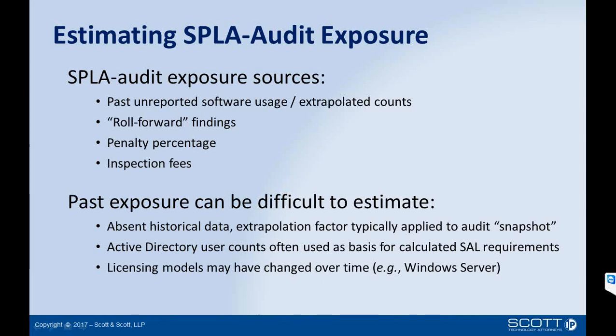So on top of the extrapolation going backwards and forwards, you have to pay a multiplier of 1.25. And then, again, to add insult to injury, they want to give you the bill for KPMG or Deloitte.